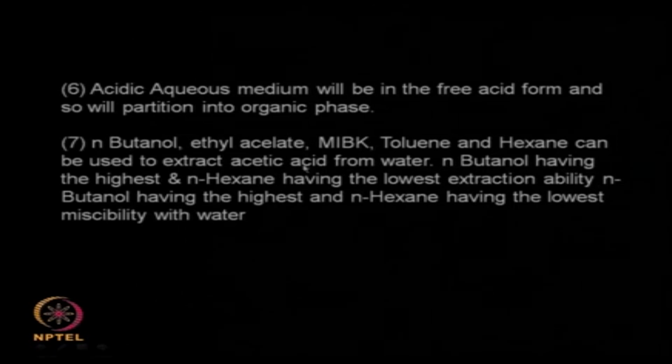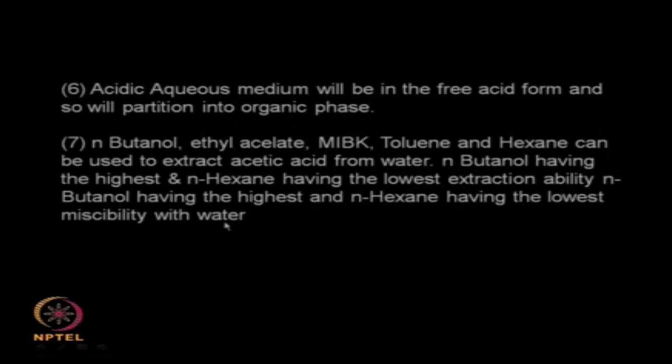Now if you have acetic acid in water and you want to recover it, N-butanol, ethyl acetate, MIBK, toluene and hexane can be used to extract acetic acid. N-butanol will have the highest and hexane the lowest extraction ability, because N-butanol has the highest and hexane the lowest miscibility with water.